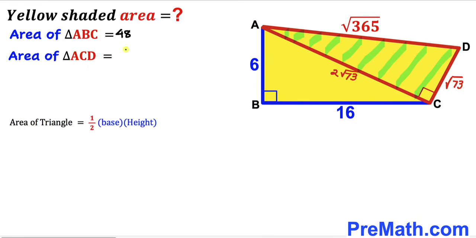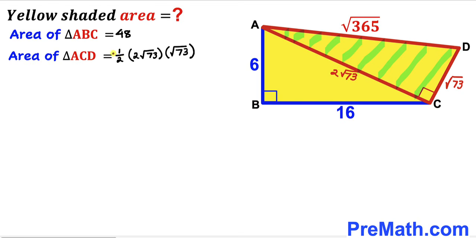So the area of triangle ACD is a half times 2 times square root of 73 times square root of 73. The 2 and 1 divided by 2 are gone. Square root of 73 times square root of 73 gives us simply 73. So the area of triangle ACD turns out to be 73 square units.